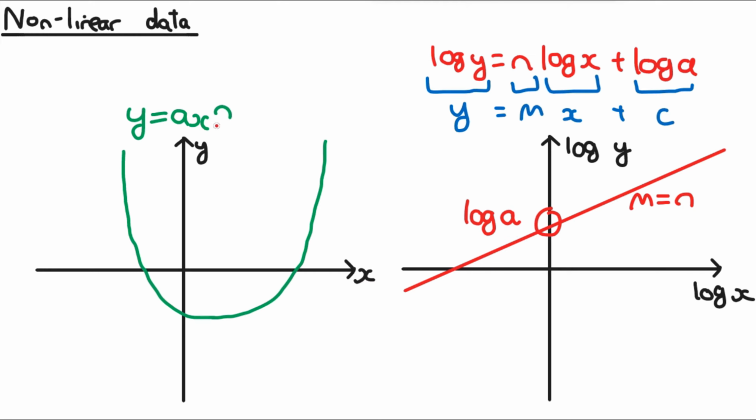This is log of a, so it's the log of this number here. And then when we get these values of n and log a, we can convert back to this equation here, because we can figure out the a and the n values from this straight line here. That is what's useful about this. From this graph here, we can get this equation here and the information for it.